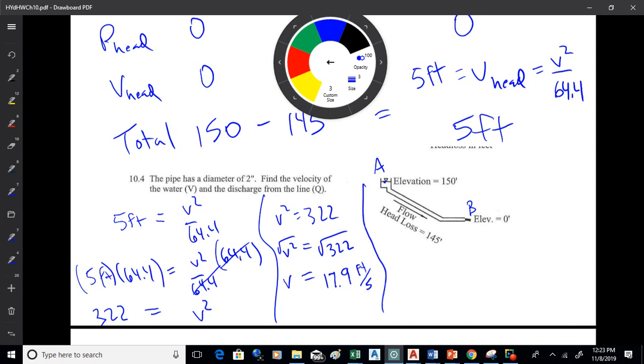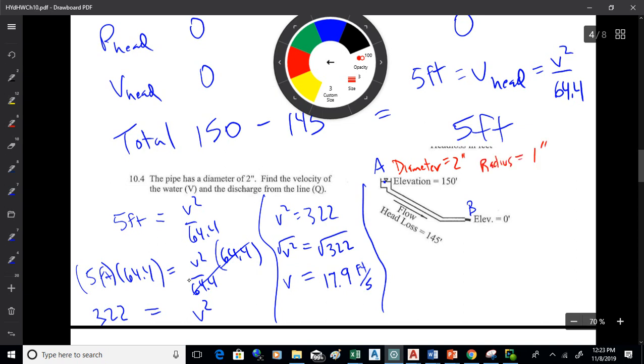All right, now if that's the velocity, if you want the discharge now, how much water is coming out of the pipe, you go back in and look at the area of the pipe. Now the diameter of the pipe is called out at 2 inches. So the radius is 1 inch. Okay, and that's going to be 1/12 of a foot.